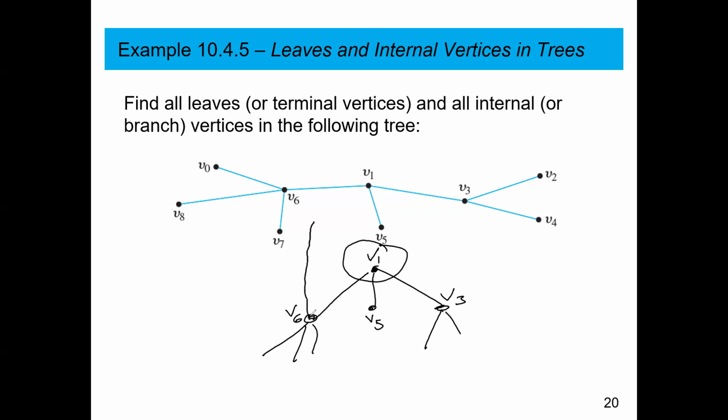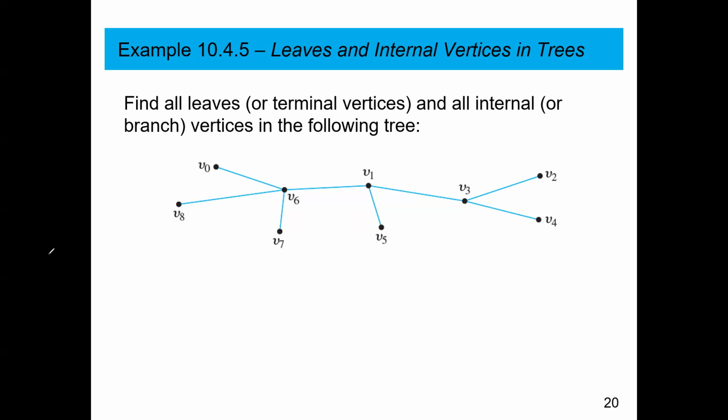And if I drew it like this, that would make V1 the root. But what if I drew V6 so it was up here, so it was above and then V1 came out of it? These are all different options. And because of that, it becomes really hard to identify the differences between them, unless there's just one central vertex and everything else is a leaf. But there's another reason I mentioned that this is called a caterpillar.